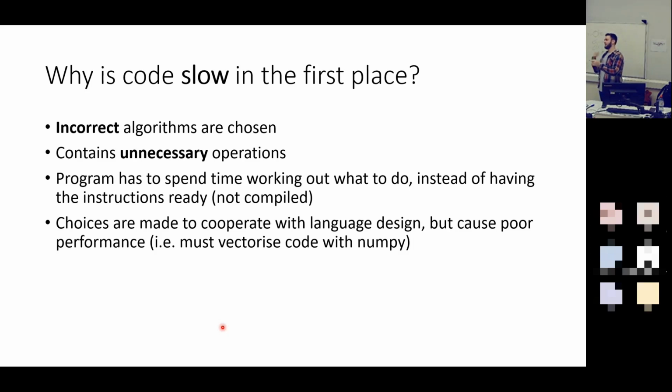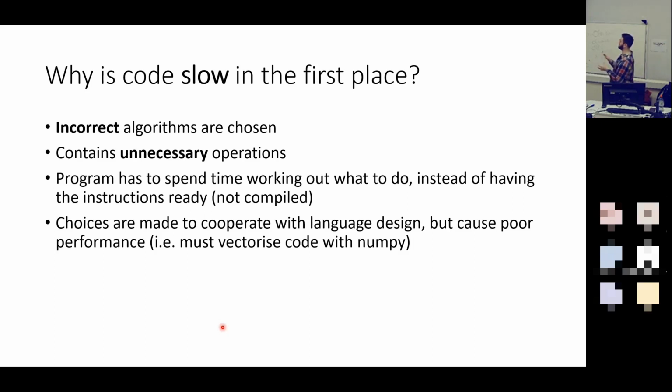Oh, it's an integer, and I'm adding it to another integer, therefore I use this CPU operation. And the operation you choose depends on the types of the inputs, because that represents differently in memory, for all of the reasons we spoke about in the first one. So working out what to do can take up a lot of time as opposed to just executing the code that you want.